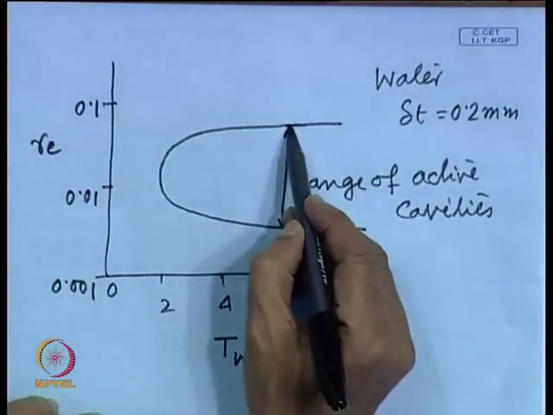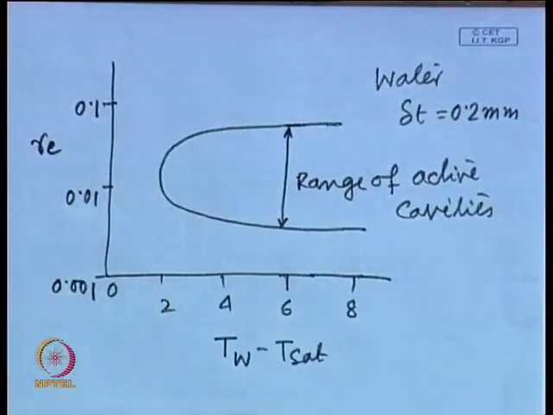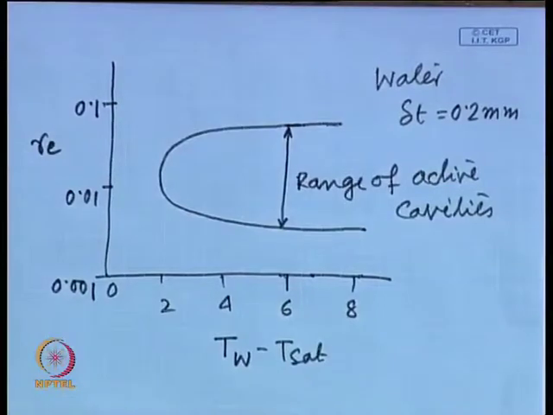See, this line is more or less a straight line, this line is flaring. Above this, the vapor bubble does not identify it as a cavity, it is identified as if it is a flat surface. Okay. So, this is how vapor nucleation is taking place and the range of active cavities is increasing.